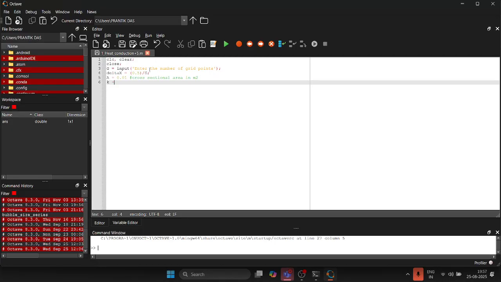K is 0.5, the heat conductivity. Basically your gamma is the K in your case. A semicolon should be there, and then heat conductivity in watt per meter.